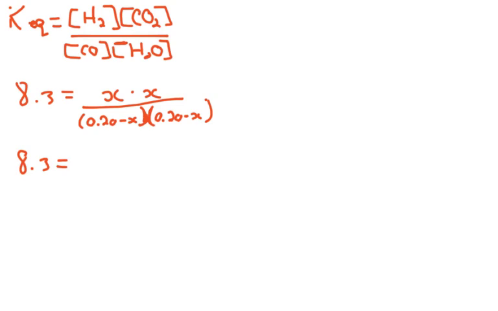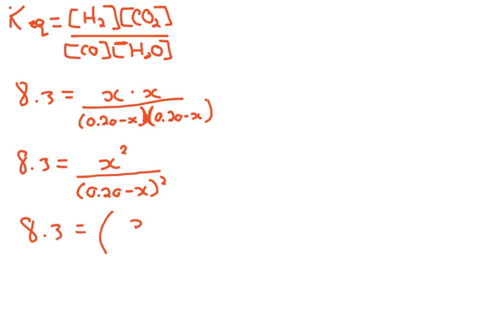If we look at the top, we have x times x, which we could just write as x squared. On the bottom, we have 0.20 minus x multiplied by itself, which we can write as 0.20 minus x, squared. Now, by writing it this way, we've actually made it easier to simplify. We have two quantities that are squared.